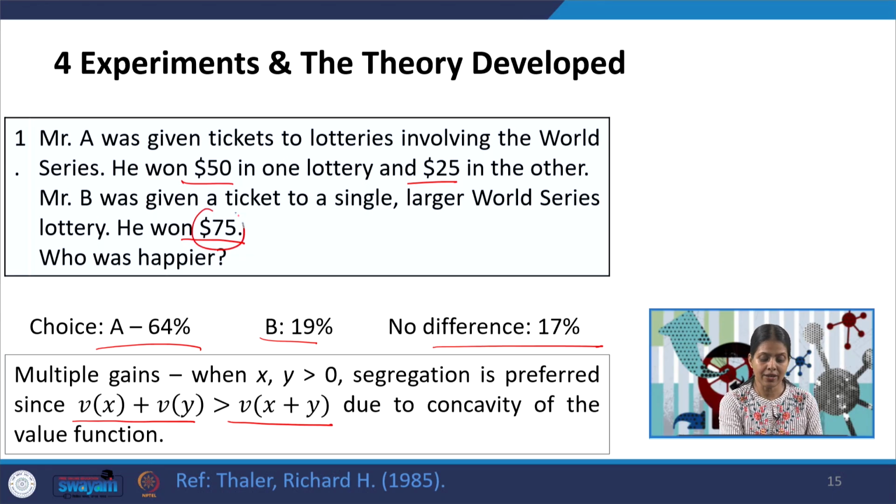So, 75 is actually V(x plus y), 50 plus 25, and V(x) plus V(y) is V(50) plus V(25), and since most people considered A to be happier, this implies that V(x) plus V(y) must be greater than V(x plus y).